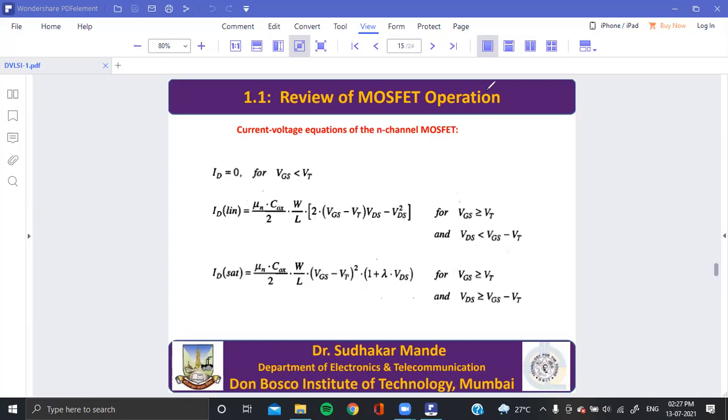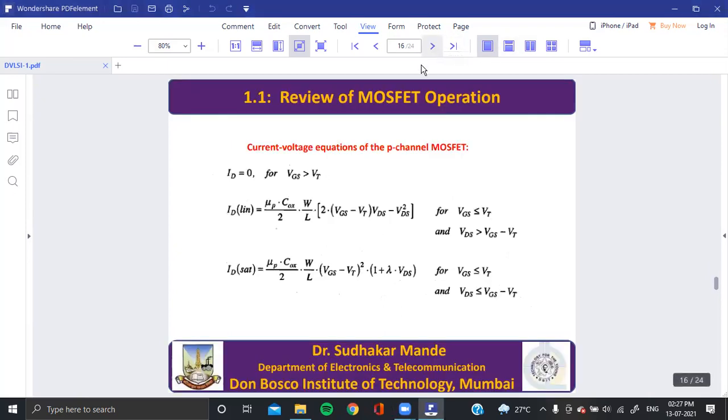Similarly, there is a set of equations for PMOS. But since PMOS is of opposite polarity, all conditions change. Because for PMOS we apply negative voltage, the threshold voltage of a PMOS transistor is also negative. Therefore, if VGS is greater than the threshold voltage, then drain current is 0. To turn on the MOSFET, you have to apply VGS beyond VT, but in the negative direction.